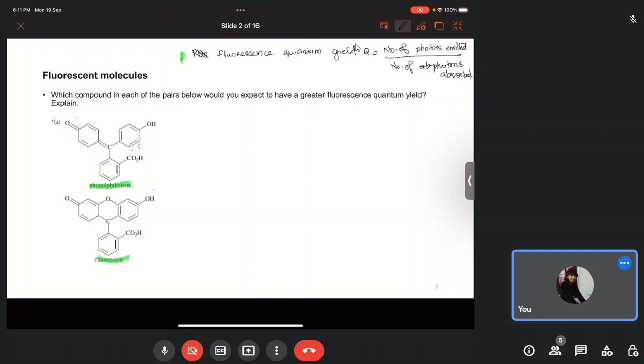This can also be denoted in terms of the emissive rate of the fluorophore and the non-radiative decay rates, where the emissive rate is gamma. So Q is equal to gamma divided by gamma plus k_NR, where NR denotes the non-radiative decay rate.